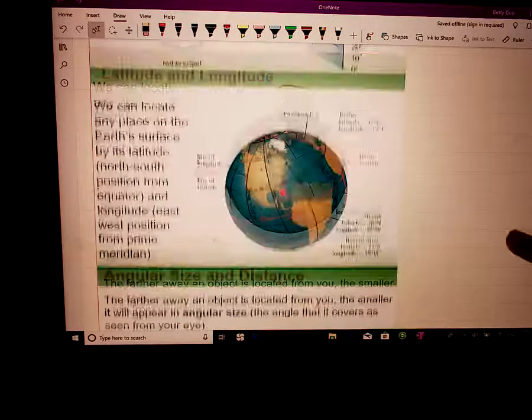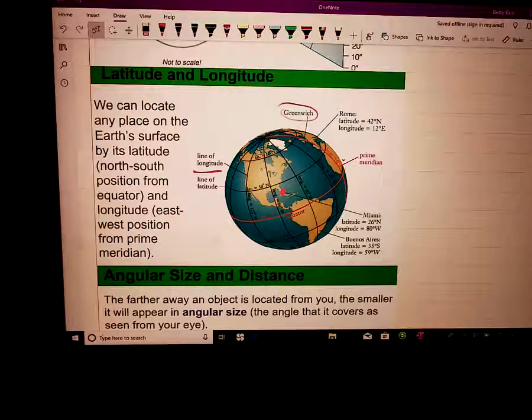Second thing, latitude and longitude. We can locate any place on the Earth's surface by its latitude, which is the north-south position from the equator, and longitude, which is the east-west position from the prime meridian. Where is the prime meridian?